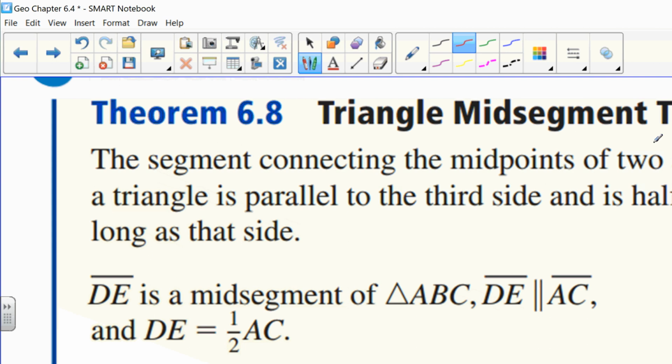So really the midpoint between A and C, we can call it F, would be the same as these three here, because the distance from D to E, if we added it twice, would give us the entire length of AC. Any questions on this here?